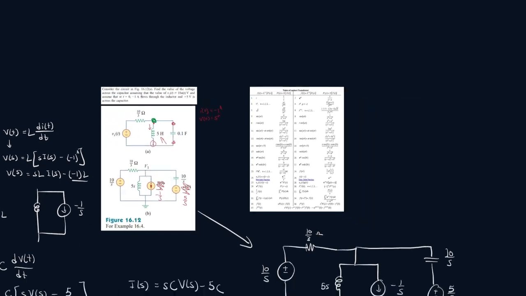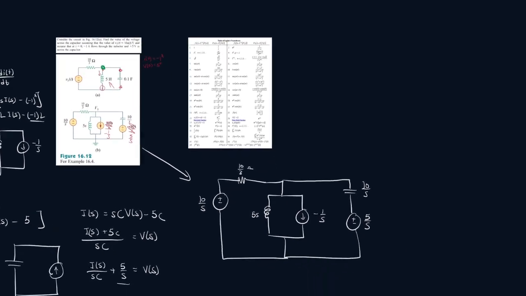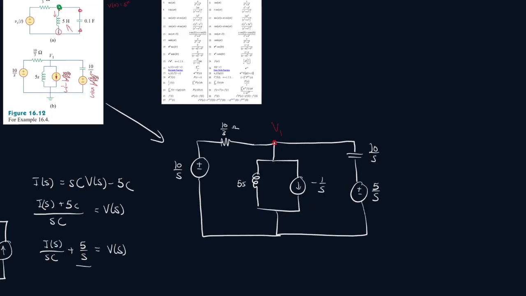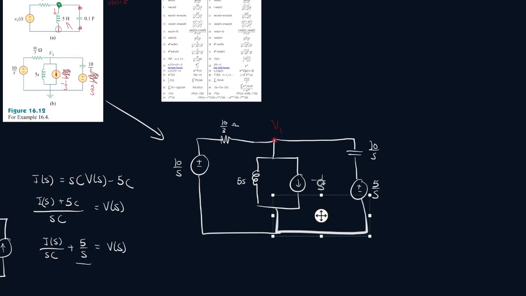This is what we're going to do. We're going to set the point here to be V1. So we'll have a current passing through here and a current passing through here.